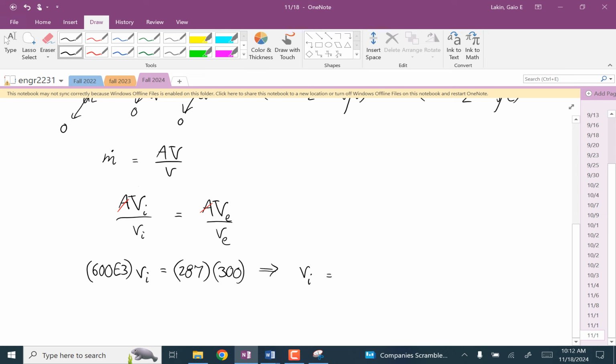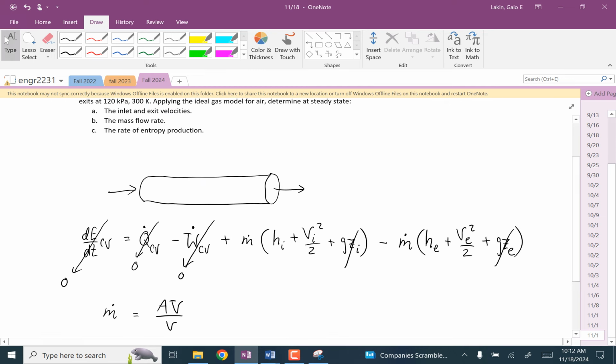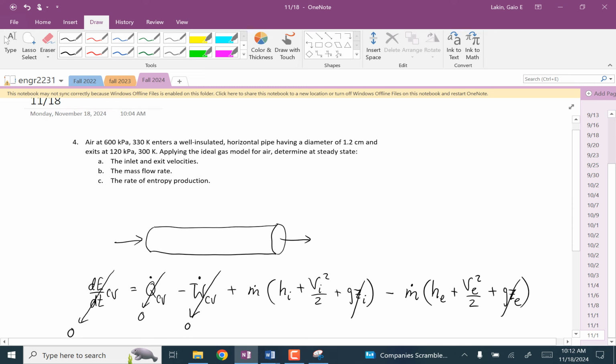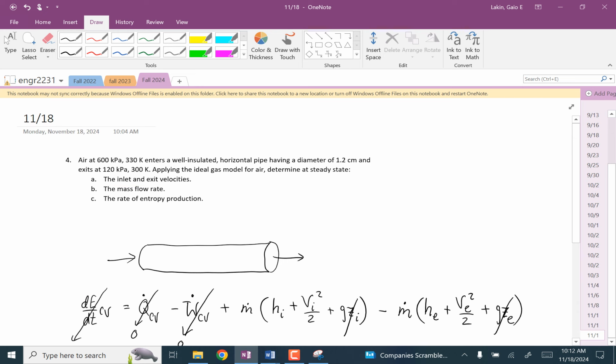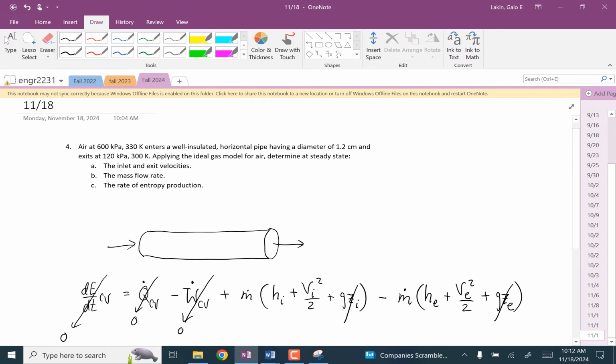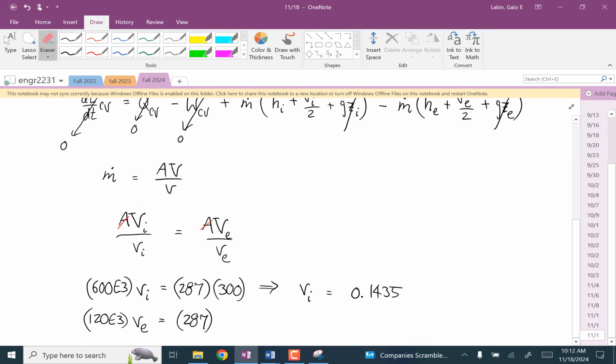And so little v inlet is equal to 0.1435. And then at the exit, we have 120 times 10 to the third times v exit is equal to 287. Shoot, I used the wrong temperature. Okay, so the first one should have been 330 there.